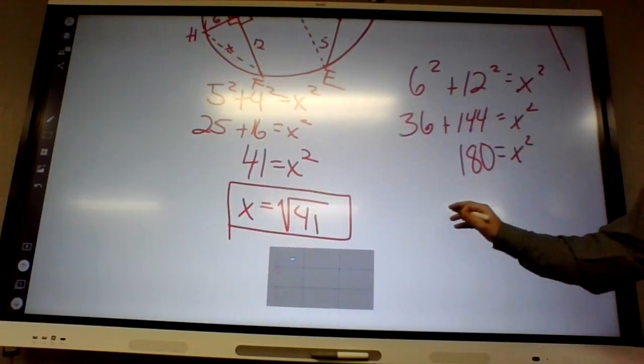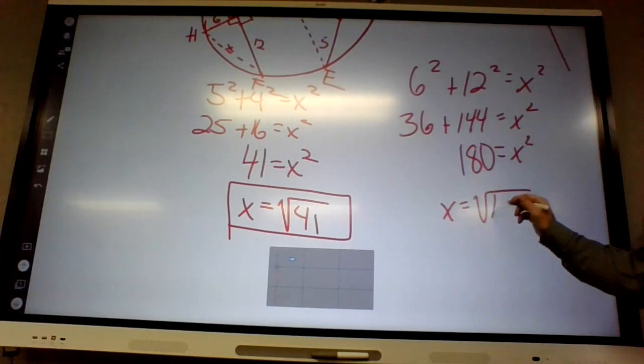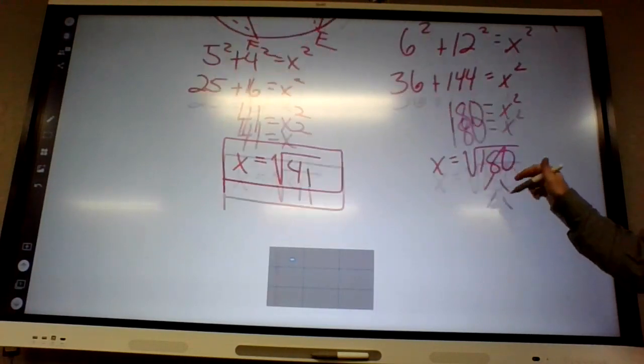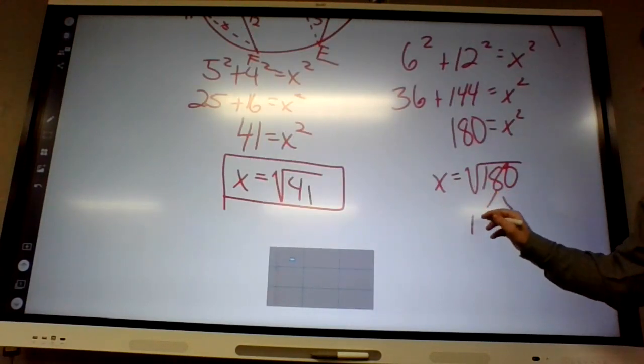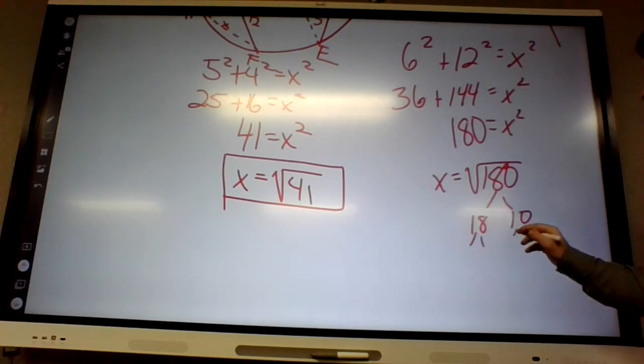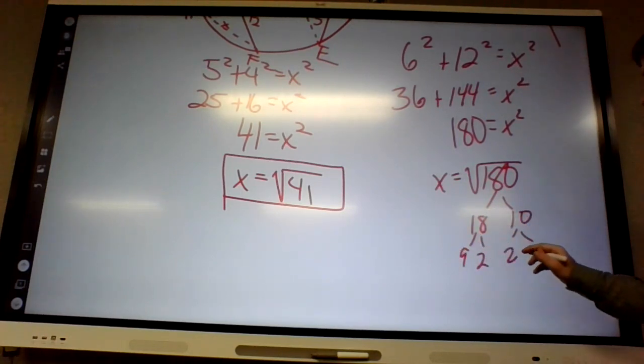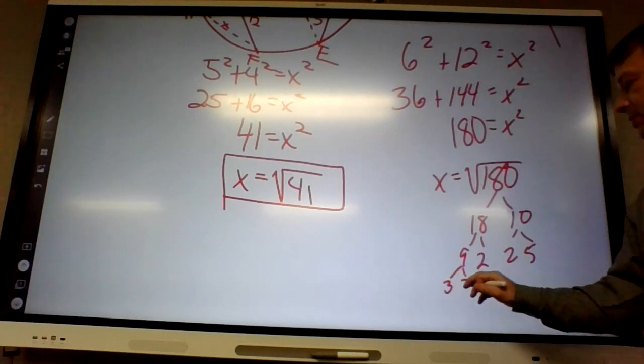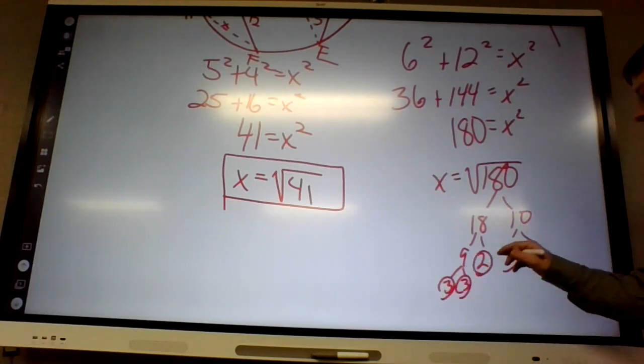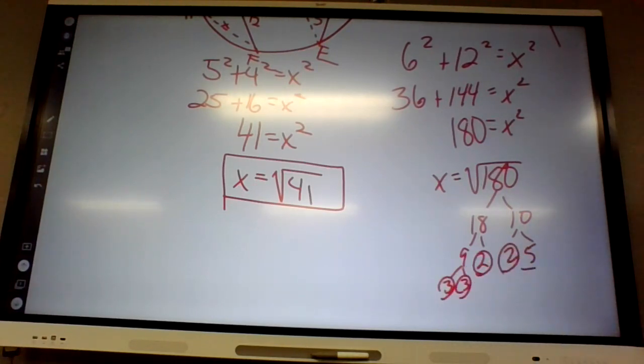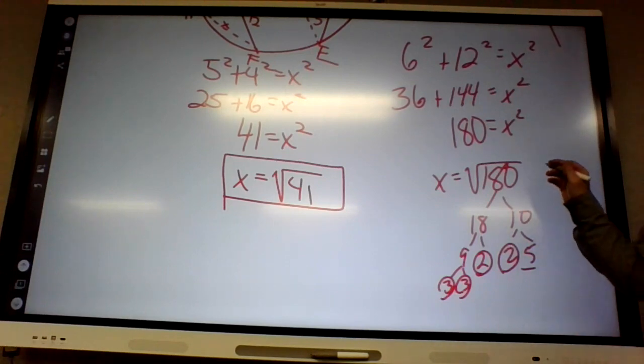Do you guys think the square root of 180 simplifies? Yeah, it definitely does. It's got a double 3 and a double 2. So that means 3 times 2 comes out 6, and then 5 is left behind. So it's 6 square root of 5.